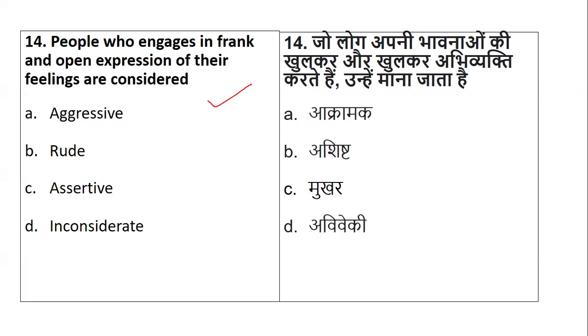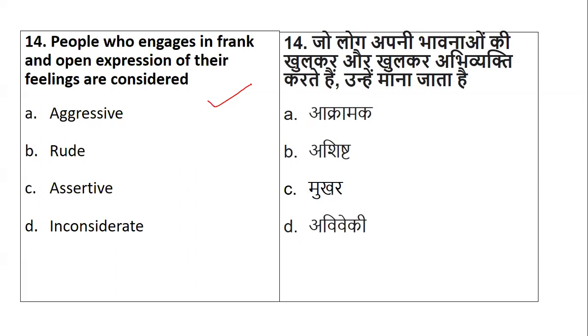As I always keep saying in every session, you need to know the skill of understanding the question and answering it. Here they are saying that people are engaged in a very open expression of their feelings. Aggressive is when we have seen a person in a very high temperament.